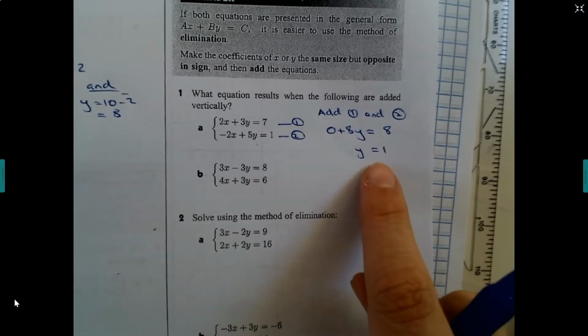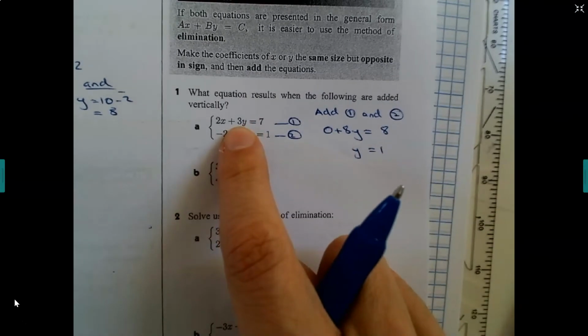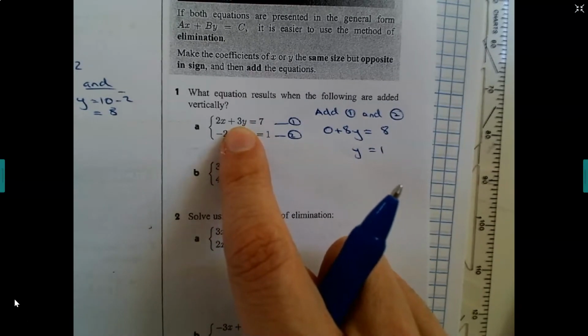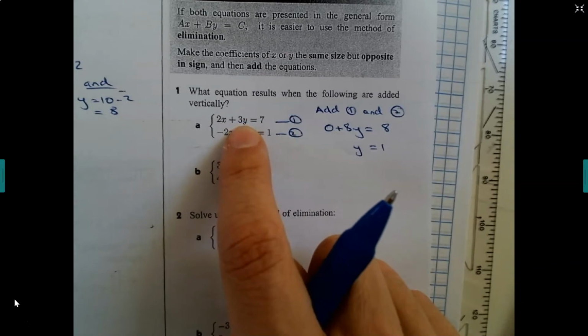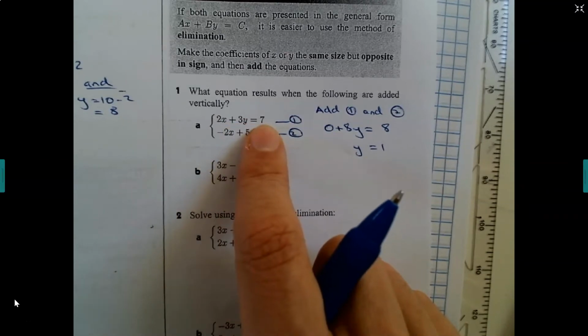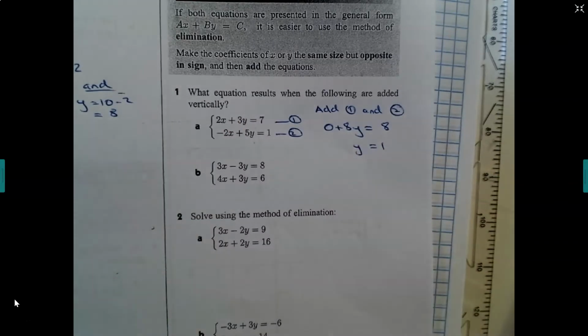Then I can substitute y is equal to 1 into either one of the equations to work out what x is going to be. Okay, so I could substitute y is equal to 1 into here, and that would be 2x plus 3 is equal to 7, then rearrange to get x all by itself.